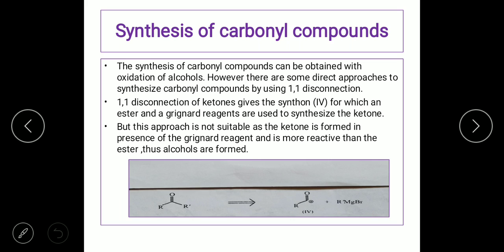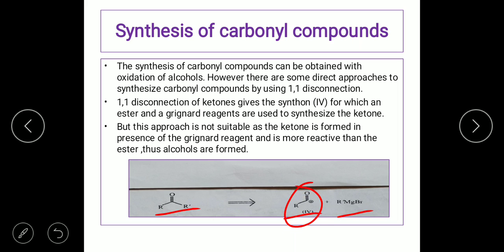So now if you look at the disconnection of this carbonyl group without doing the FGI, then it would give rise to a synthon of this kind, and also the Grignard reagent.